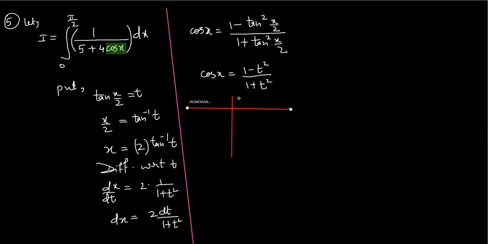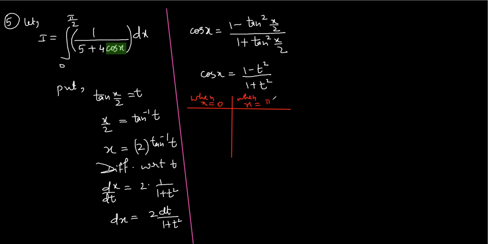Now the next step, I changed the interval. The interval is 0 to pi by 2. Always write the lower limit first. Some students have the habit of writing the upper limit first and the lower limit second. Don't do that. So when x is 0, tan 0 by 2, that is tan 0, is t.